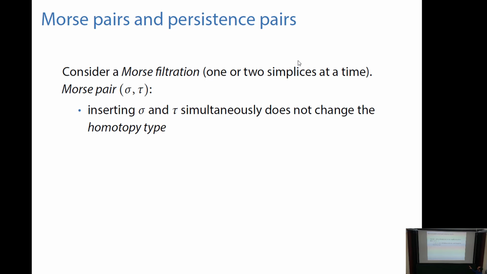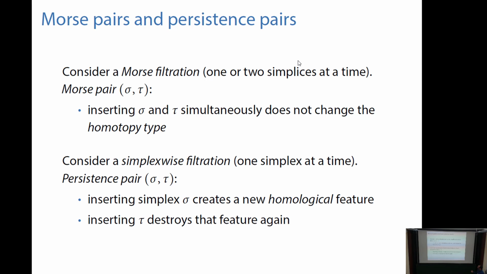The Morse pair says that inserting both simplices at the same time does not change the homotopy type, whereas a persistence pair requires a simplex-wise filtration, and inserting the simplex sigma creates a new homological feature, and tau destroys that feature again. And well, here we talk about homology, here we talk about homotopy type.